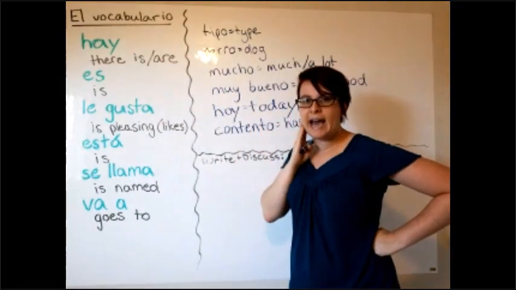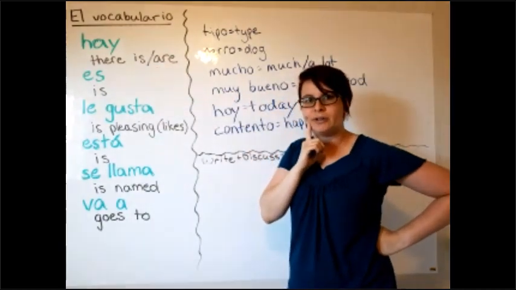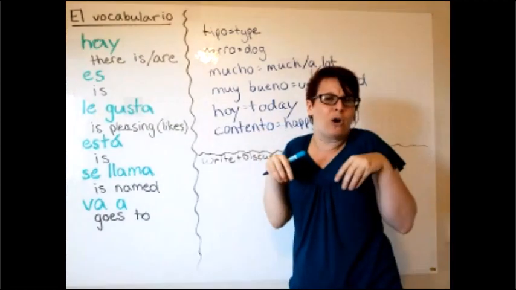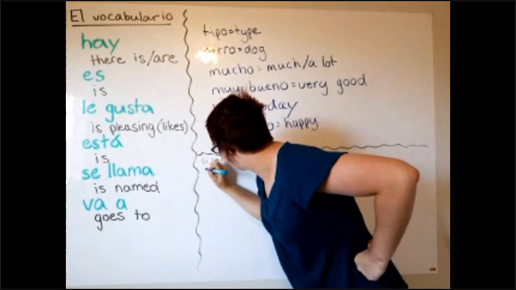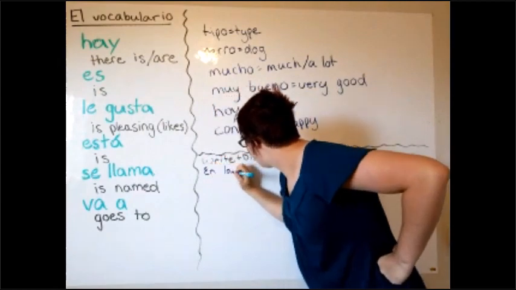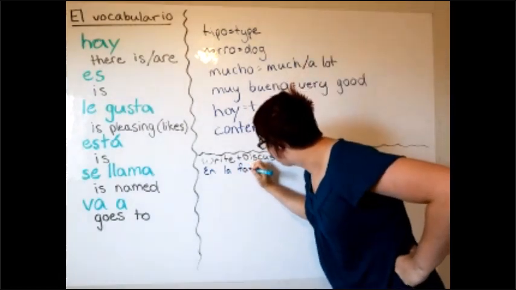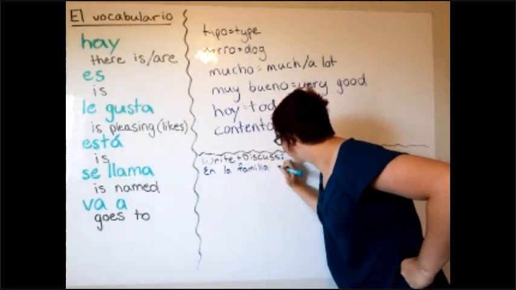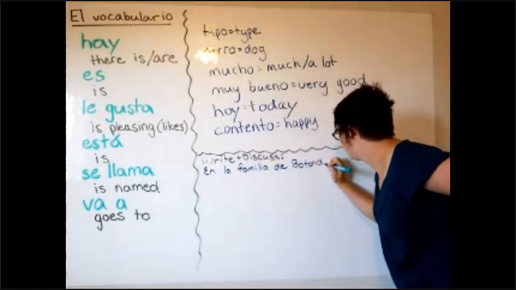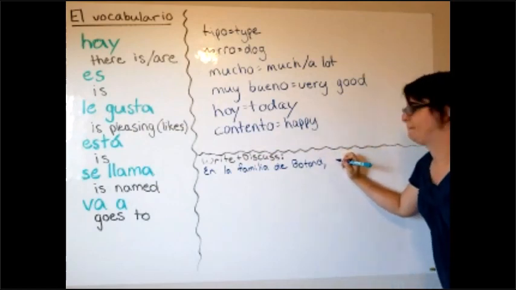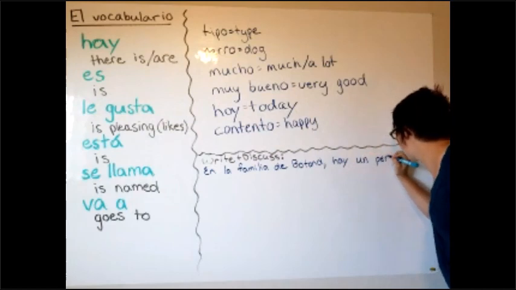clase, ¿qué hay en la familia de Botond? Hay un gato, hay un perro, ¿hay qué? Hay un perro. Oh, muy bien. En la familia de Botond, hay un perro.